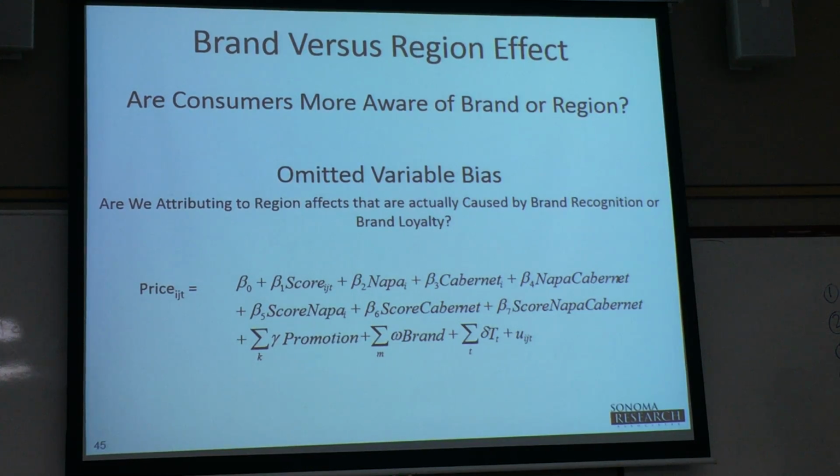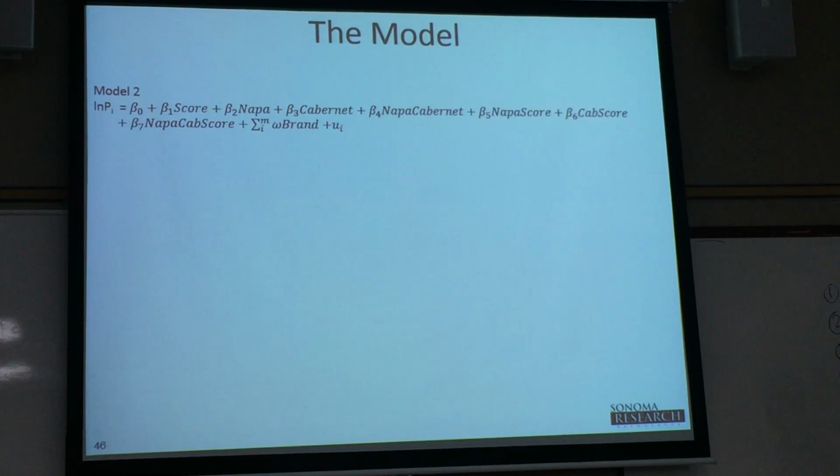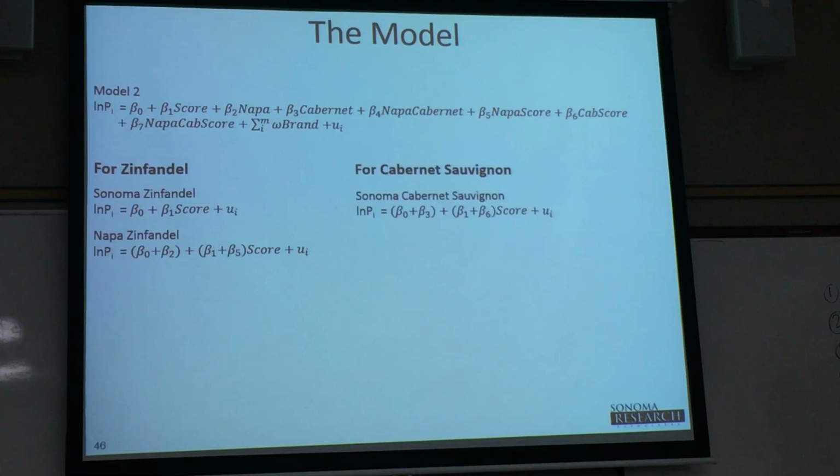Because brands aren't like month, we can't use i.dot. It's going to be brutal. So there's our model, and again, it's going to boil down to the same thing, except there's going to be brand, a whole bunch of dummies for brand.